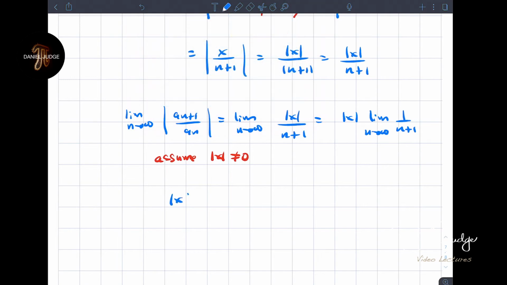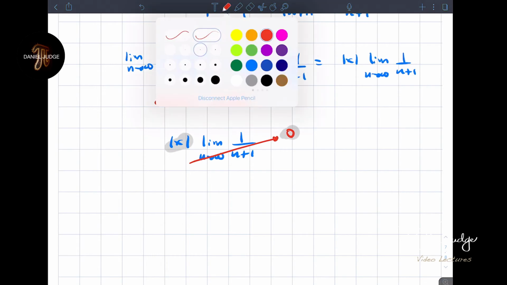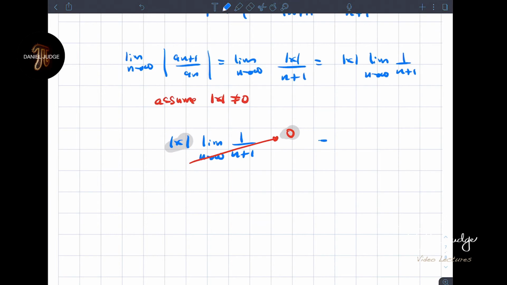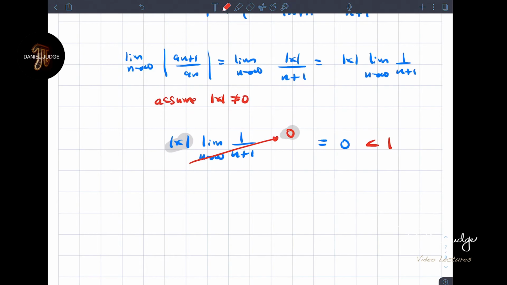So absolute value of x times that limit now, ladies and gentlemen, this limit goes to 0. And again, we have a non-zero number times 0. Well, that equals 0. And this is going to be less than 1. Now, this happens for all x.